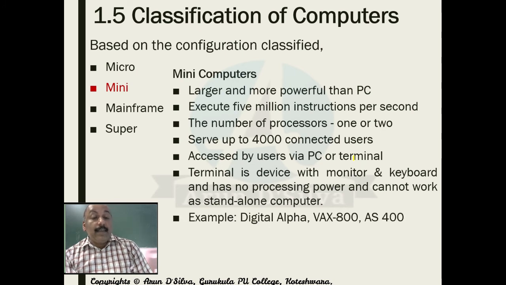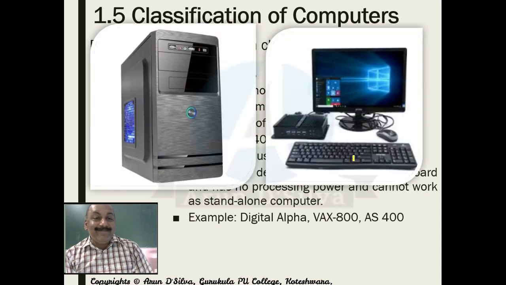And this type of computers, examples for you people, I can give you: Digital Alpha, VAX 800 and AS400. These are examples for mini computers. Let me show you these two figures.